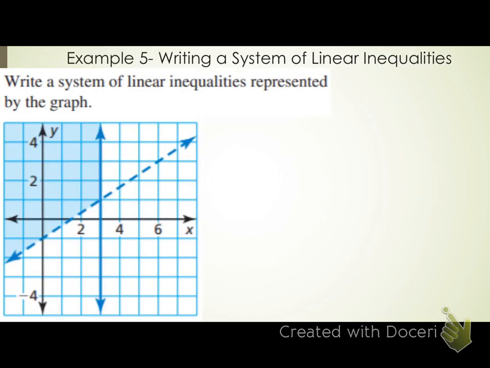Write a system of linear inequalities represented by the graph. You guys want to deal with the dashed or solid line first? Solid? Okay. Can anyone help me out with the solid line?